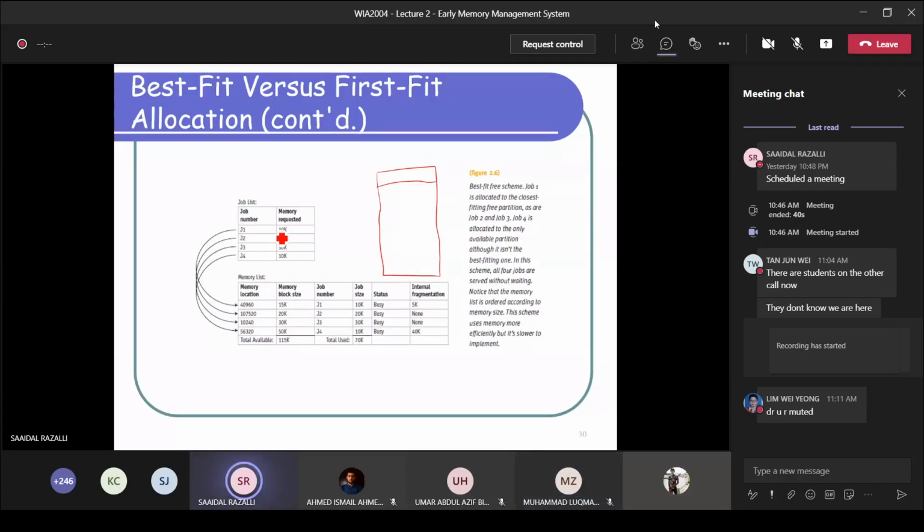So with this one, job 1 goes to partition 1, memory location 40960.